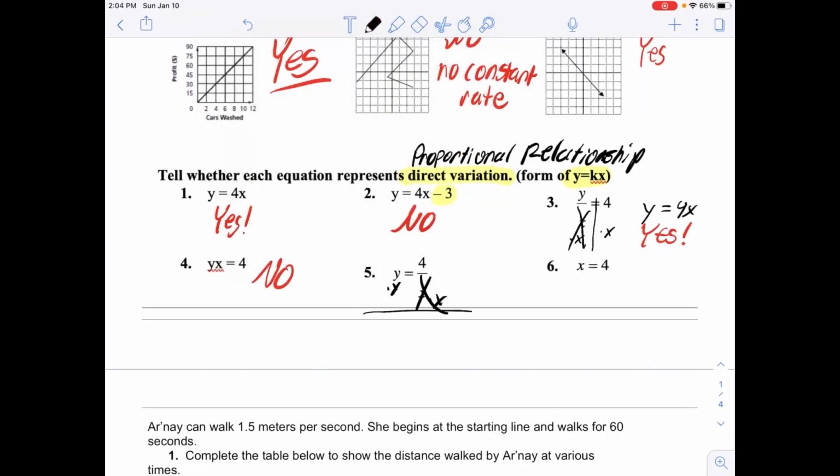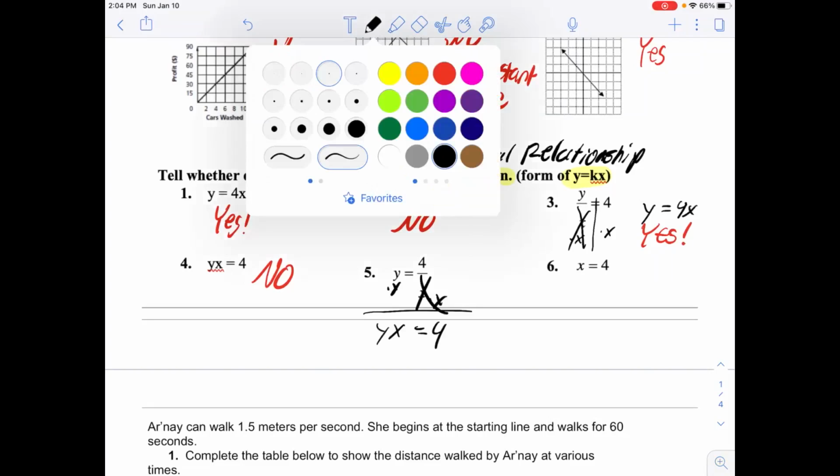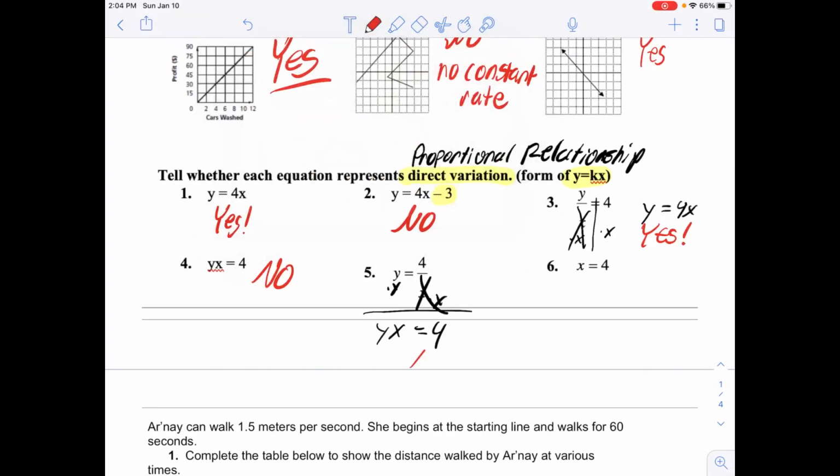That cancels this out. And I have yx on this side equals 4. Well, now that I have that out from under the bottom, I can see my answer is no. Yx equals 4 is not the same as y equals a number times x. And then x equals 4 doesn't even have a y, so my answer is no again.